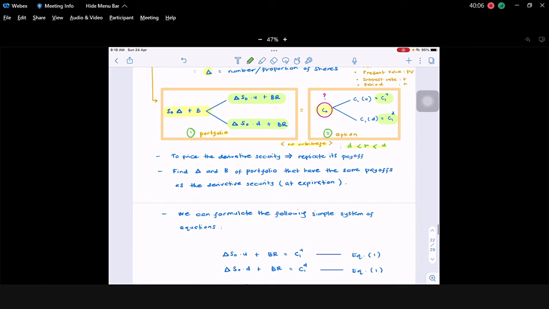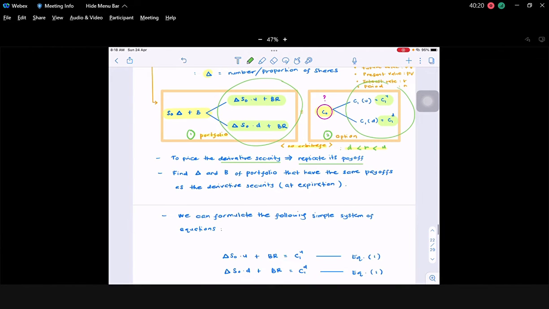So to price the derivative security, meaning that we replicate its payoff. Payoff refer kepada right hand side dekat sini.